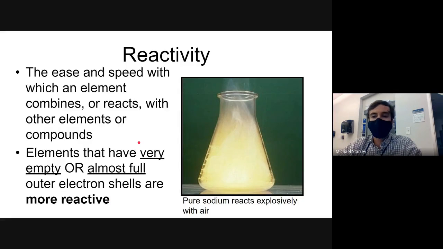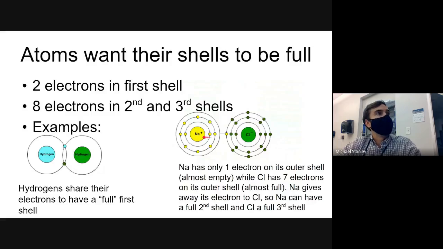So if we go back one slide, sodium has just one little lone electron that normally sits on its third shell. If sodium could somehow give away that electron, it could then have a full second shell and it'd be nice and happy. Similarly, chlorine, which we just did as an example, has 7 electrons on its outer shell.